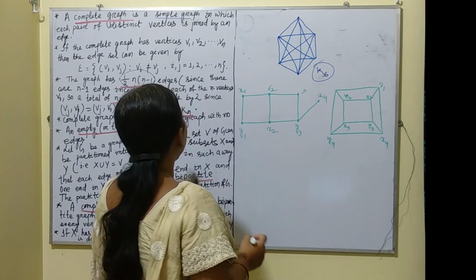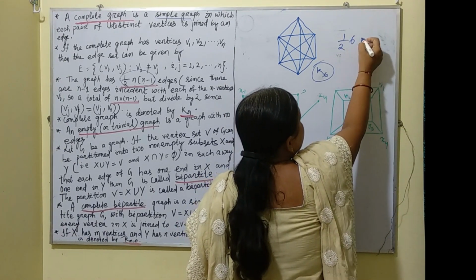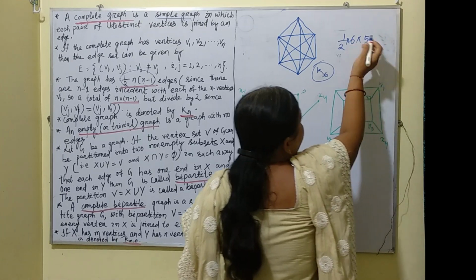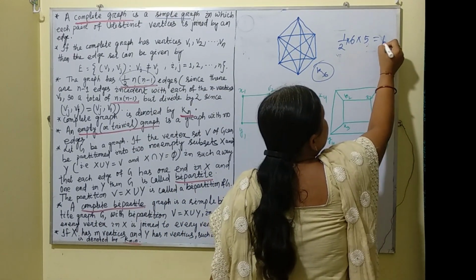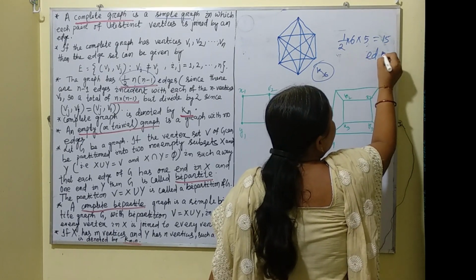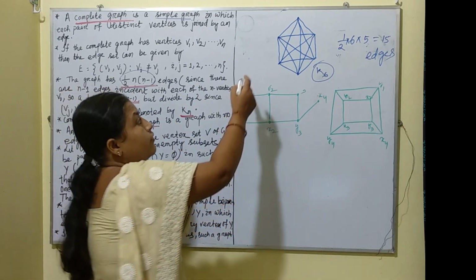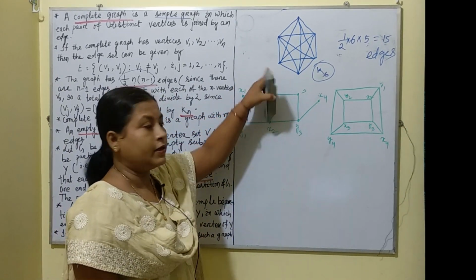The number of edges is half into 6 into 6 minus 1, that is 5, so there are 15 edges. So in the K6 graph there are 15 edges. You count this and these are the 15 edges.